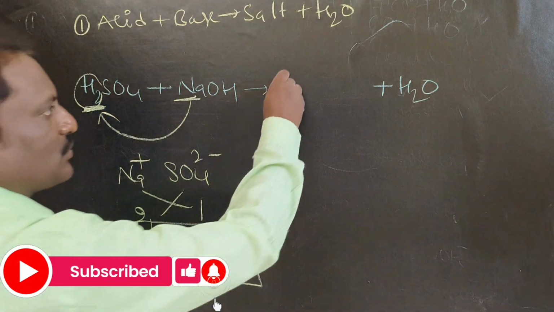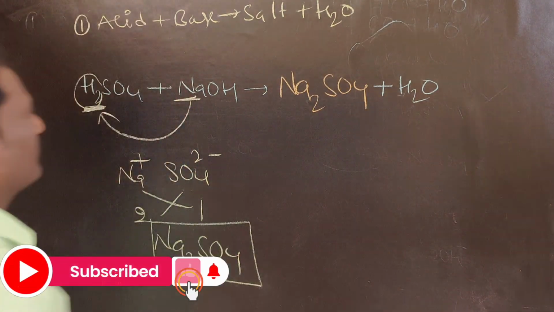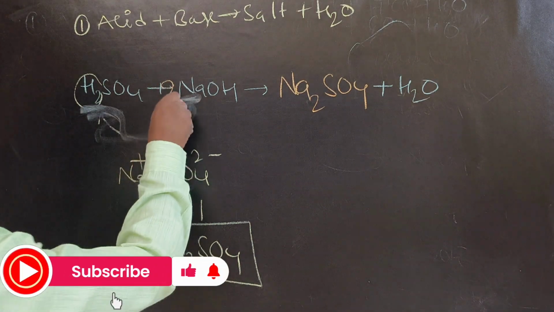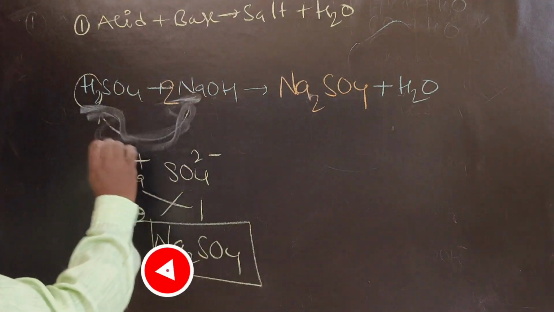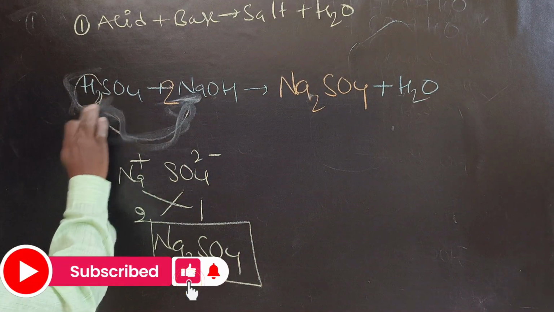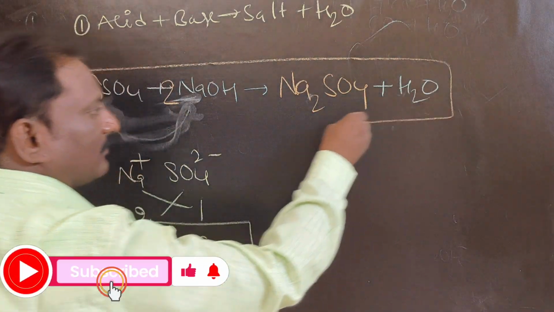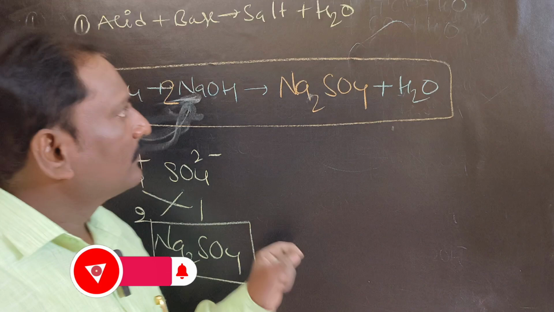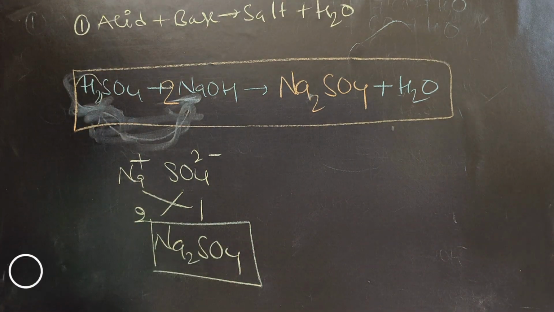Salt will be sodium sulfate. For balancing this equation, keep 2 here: sodium 2, sulfur 1. So this is a balanced chemical equation. Is it clear? Very good.